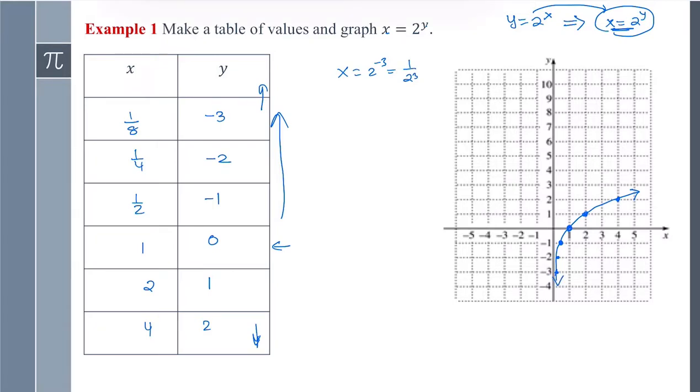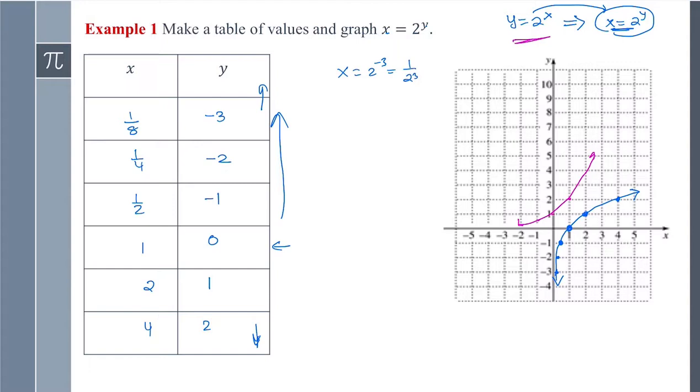Now, I said earlier, this graph is the inverse of y equals 2 to the x. We already graphed y equals 2 to the x in the previous video, which is the graph right here, going this way through 4 and that way.